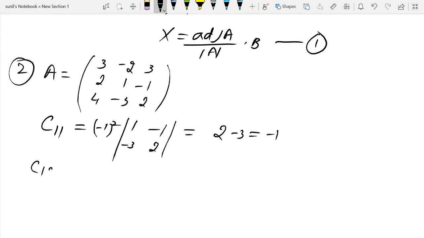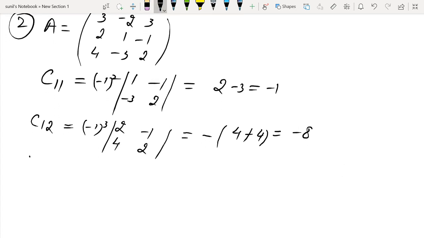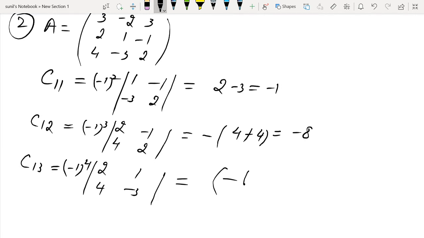Then C12: deleting the first row and second column, that is minus times of 4 plus 4, minus 8. Then C13, minus 1 raised to power 4, deleting the first row and third column, that is 2 minus 6 minus 4, that is minus 10.